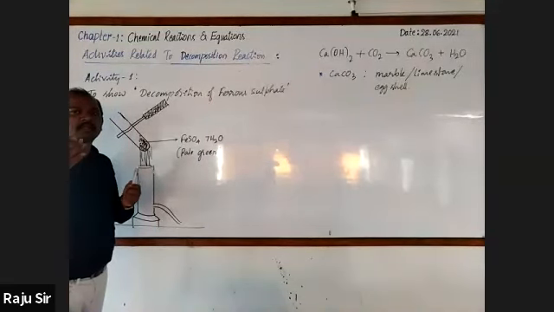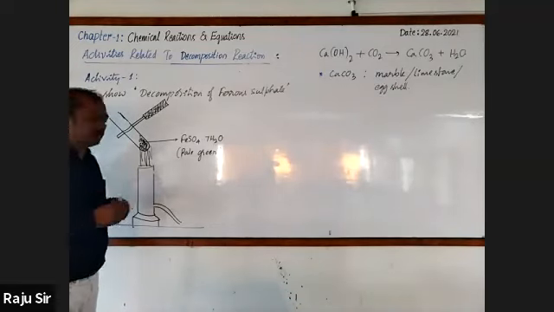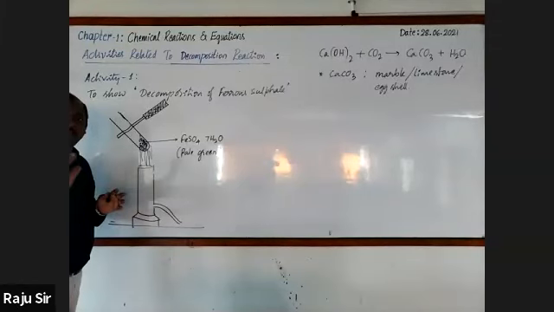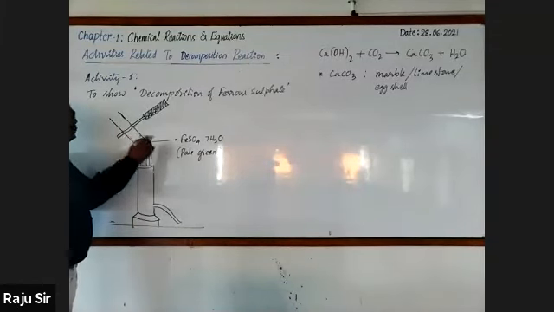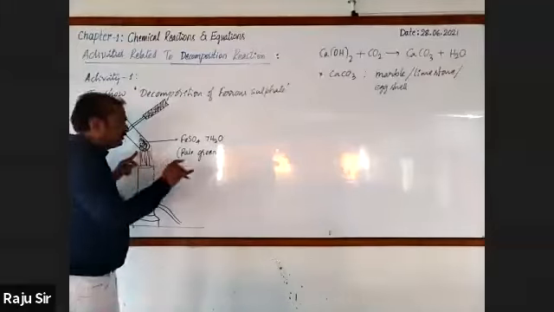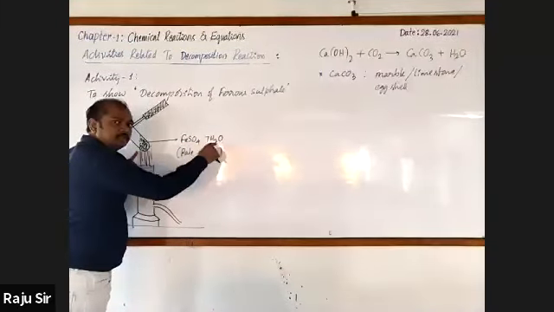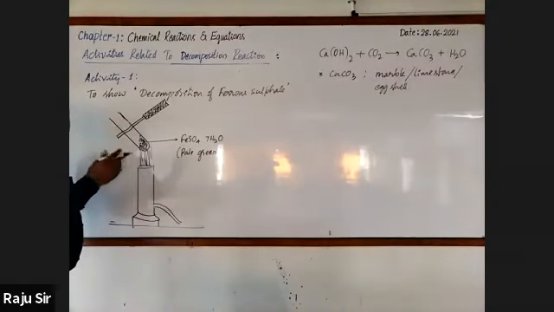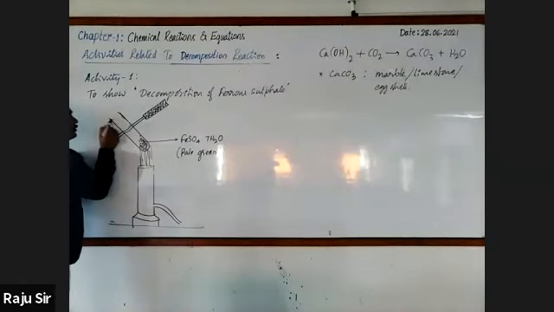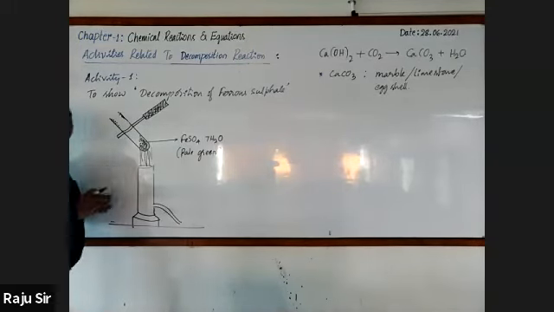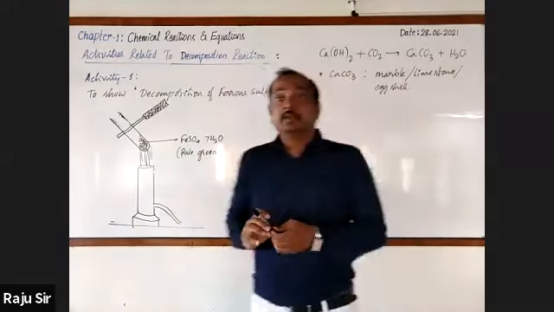It becomes lighter, still lighter, and it becomes white in color. Let me tell you the reason. On heating, the water present in the ferrous sulfate is removed, converted into vapor, and those vapors will be collected as small drops near the mouth of the test tube. You can notice that here.